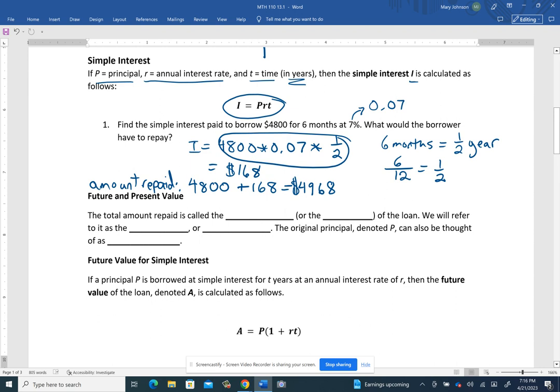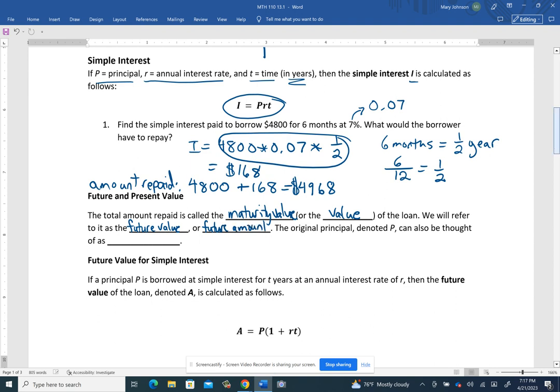So the total amount repaid is the maturity value, or the value of the loan. And then a lot of times they use this language. It will be referred to as the future value, or the future amount.